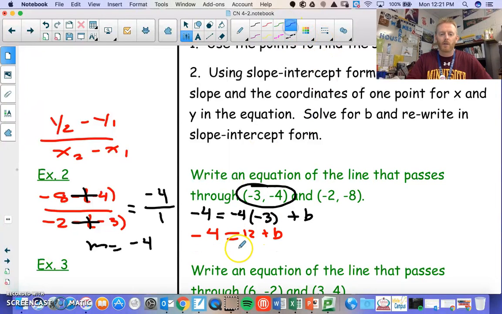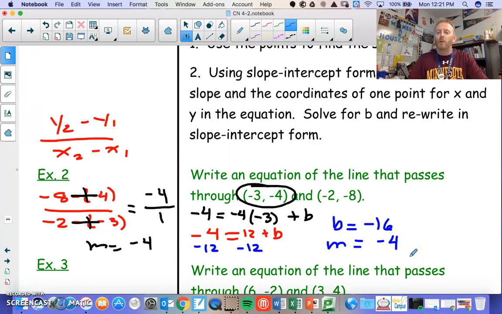So to solve it, we'd have to subtract 12 from both sides and find out that b is equal to a -16. So with b being a -16 and m equaling a -4, we can now rewrite our equation. So our equation is going to say y is equal to a -4x, because that's what my m is, and then -16.